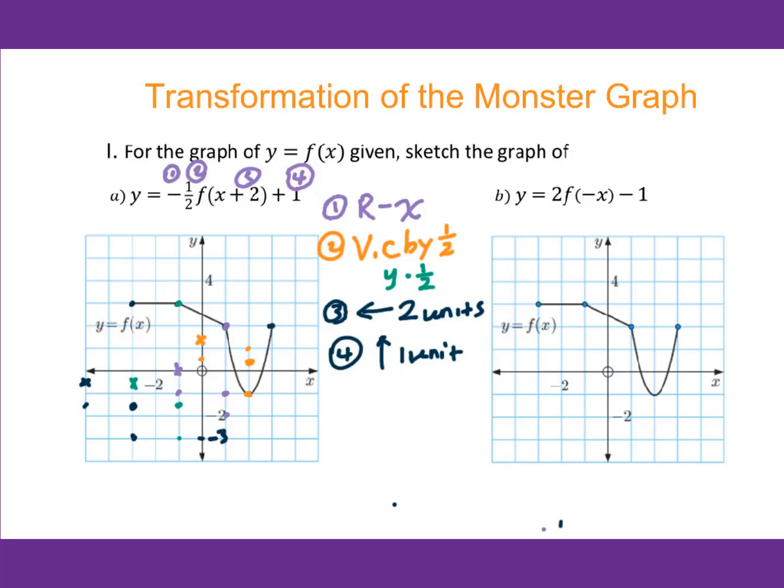Now you will do the last points. Exactly same thing. You will get the point over here. Now you can connect all these final crosses. And that's our transformed function. So I connect all these crosses.